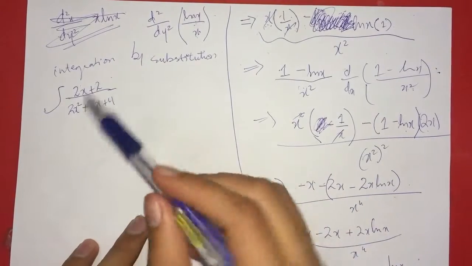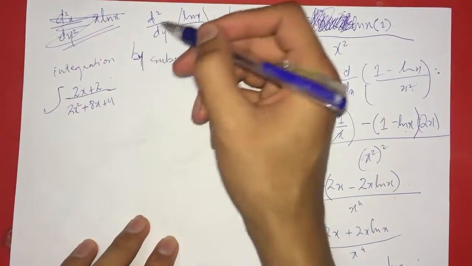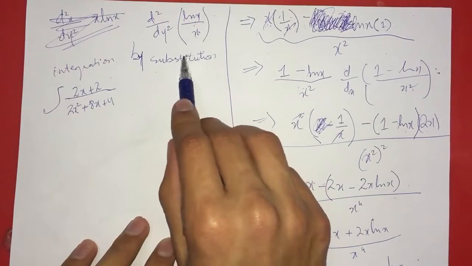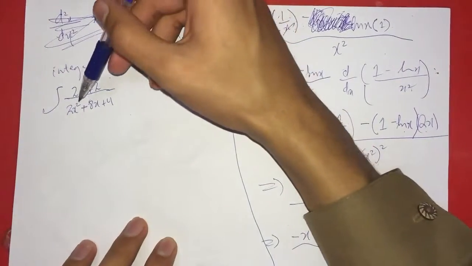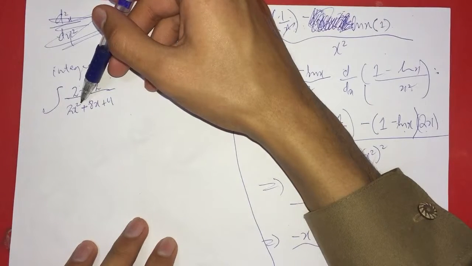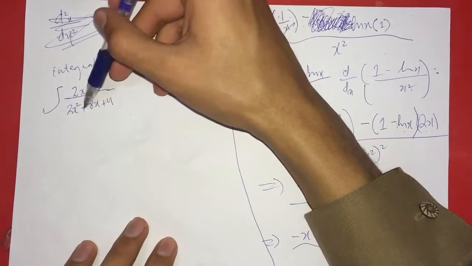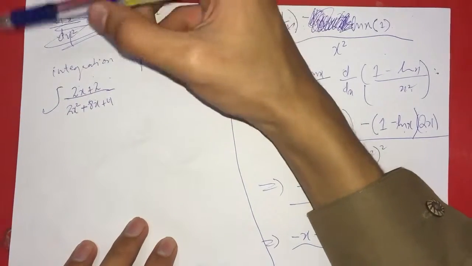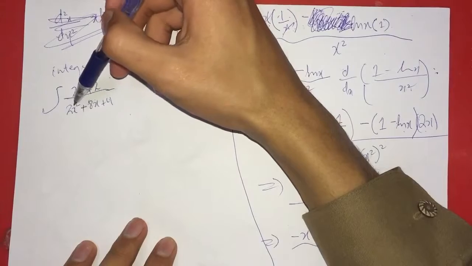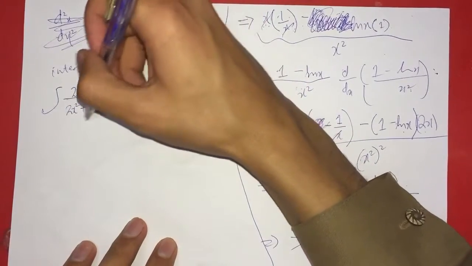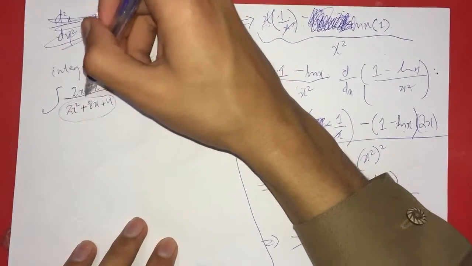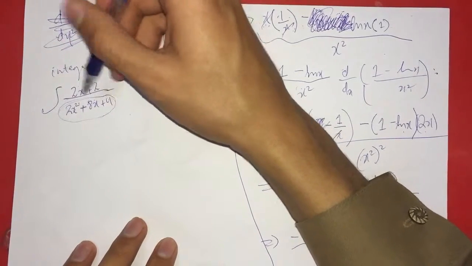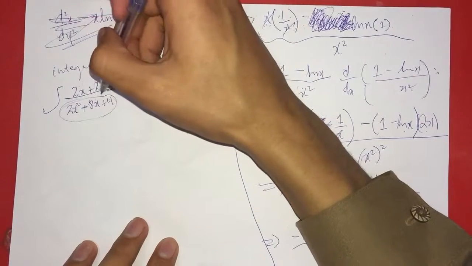So whenever you are finding the integration of any equation by substitution, you should always look at the term whose derivative is present in the numerator or the denominator. So here we see that the derivative of this term right here is 2 into 2, 4x plus 8 plus 0, so 4x plus 8.